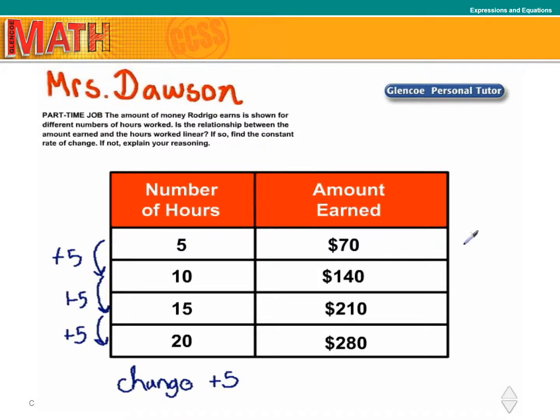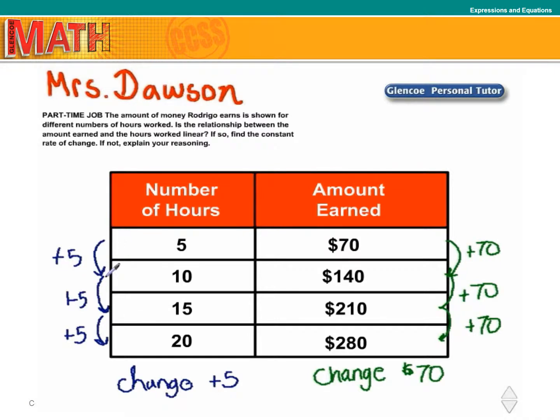The amount of money he earned also increased, but it increased by 70, another increase of 70, and another increase of 70. So the change in the amount of money Rodrigo earned was $70.